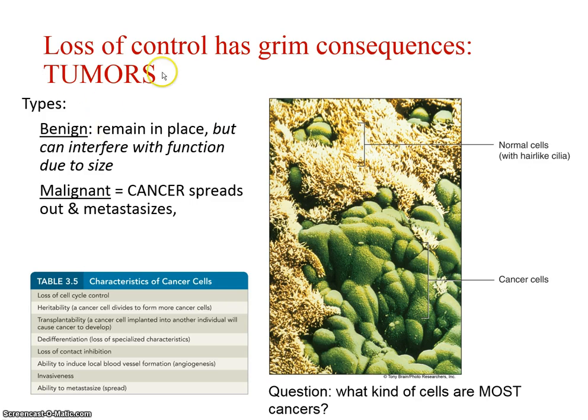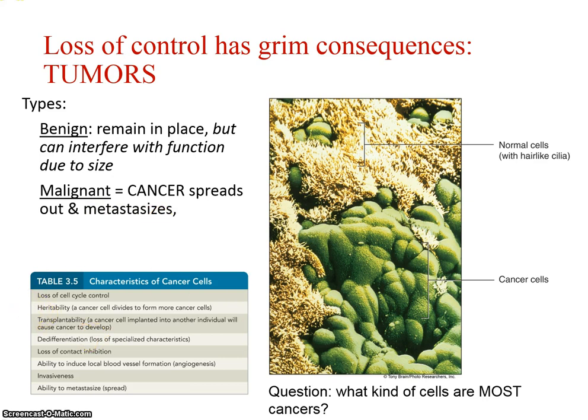A tumor is the result of a cell that's lost its control of cell cycle, and it just keeps dividing. They can be benign, which means they stay right where they became abnormal, and they just stay contained in the body, or they can be malignant. When they're malignant, we call them cancer, and we use this term metastasize.